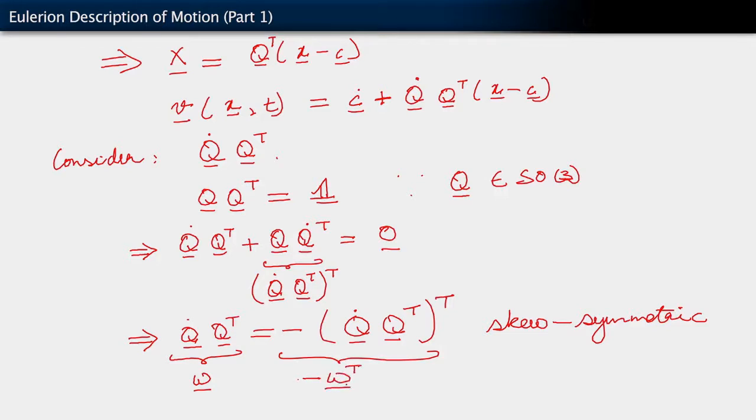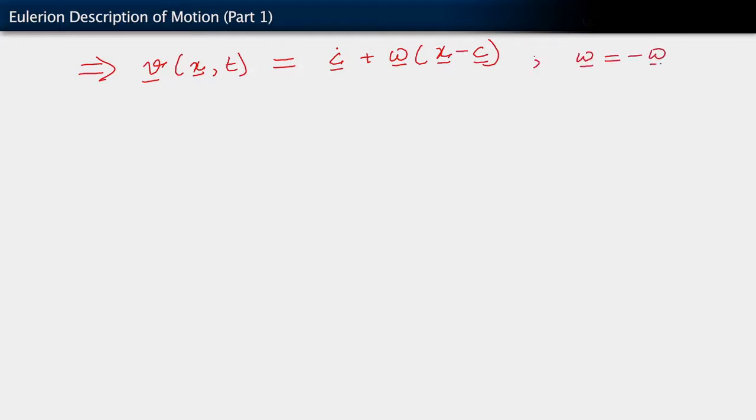Okay, so what this implies for us now is that for rigid motion, the Eulerian velocity or the spatial velocity can be written as c dot plus omega times x minus c, where omega is skew-symmetric, right? Where omega equals minus omega transpose.